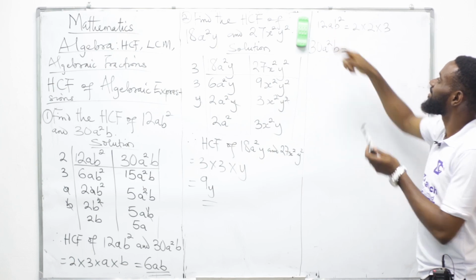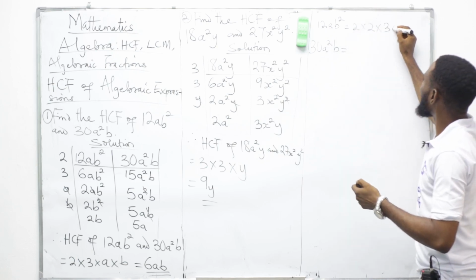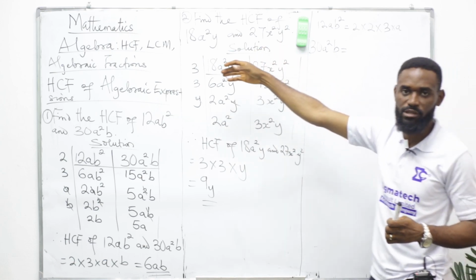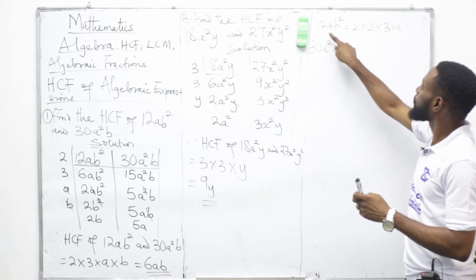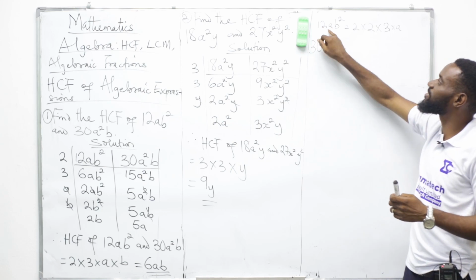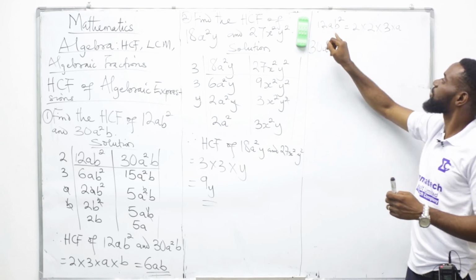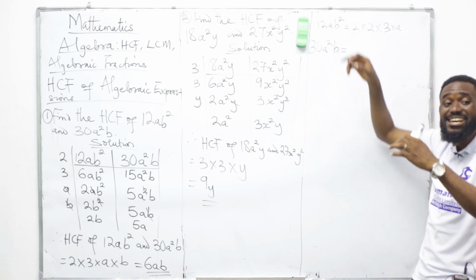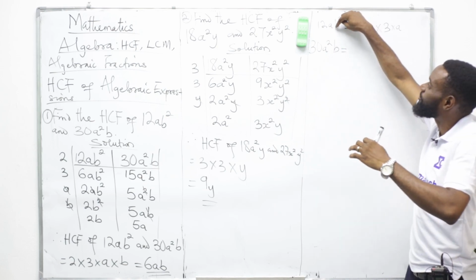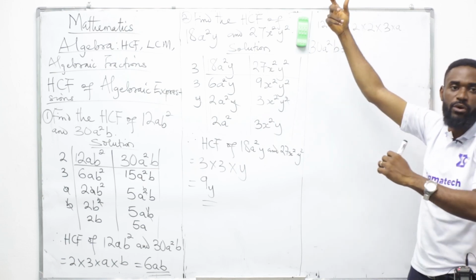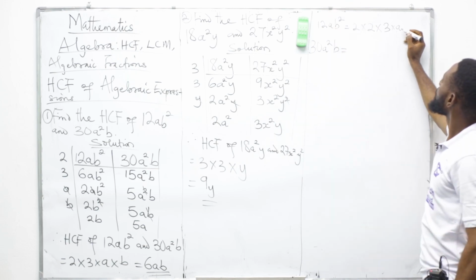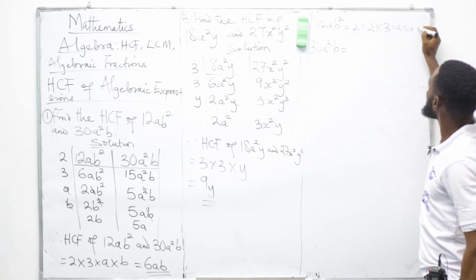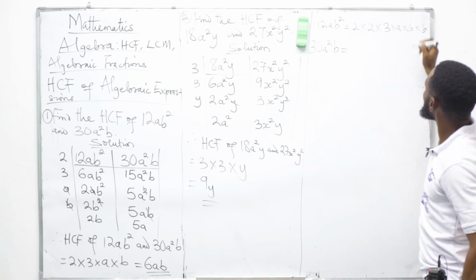Then this ab squared means times a, like I told you when I was defining what an algebraic expression is. This 12a, there is an invisible multiplication sign there. There is also an invisible multiplication sign here. Then this b squared also, there is an invisible multiplication sign inside of b, multiplying b by itself. So this is times a times b squared, which means b times b.